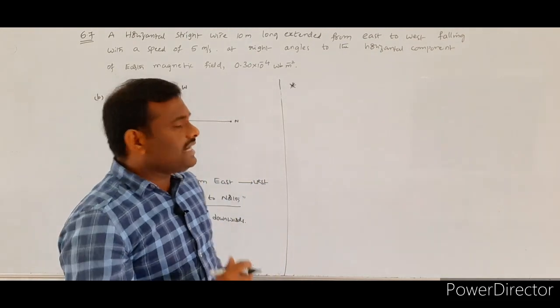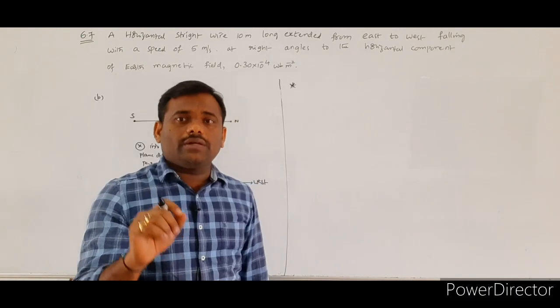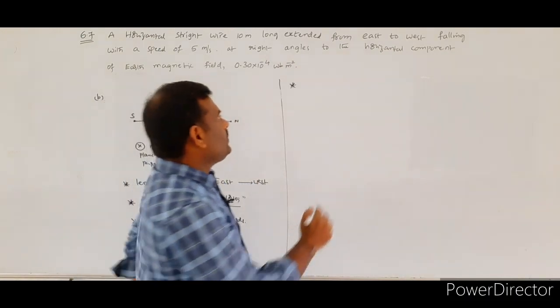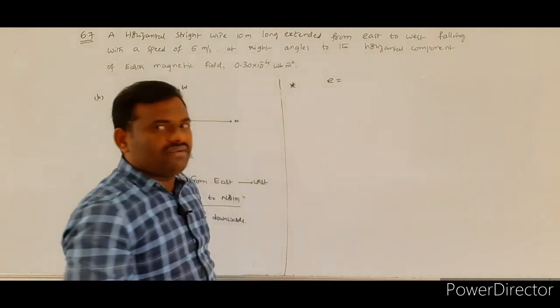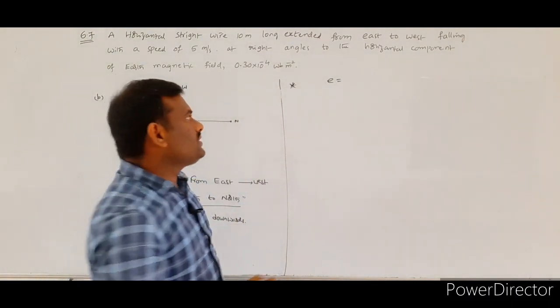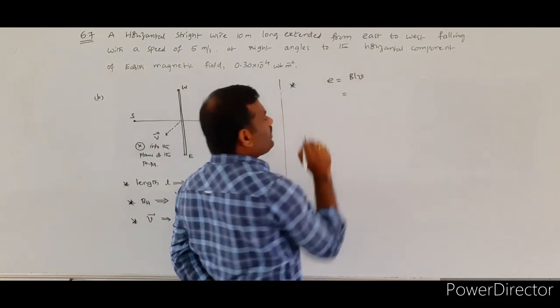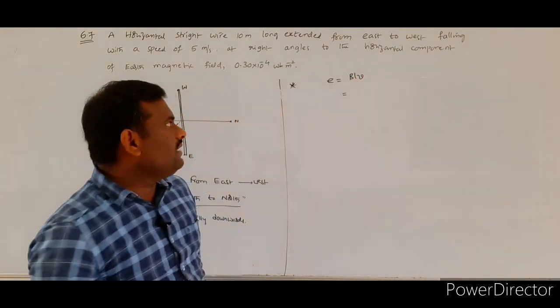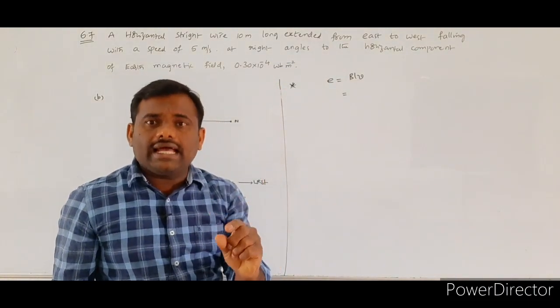To find the direction of the induced EMF, here I choose the vector product method. So the representation of the motional EMF will be changed. Generally, you know the formula for the motional EMF, E is equal to BLV. EMF is a scalar quantity.